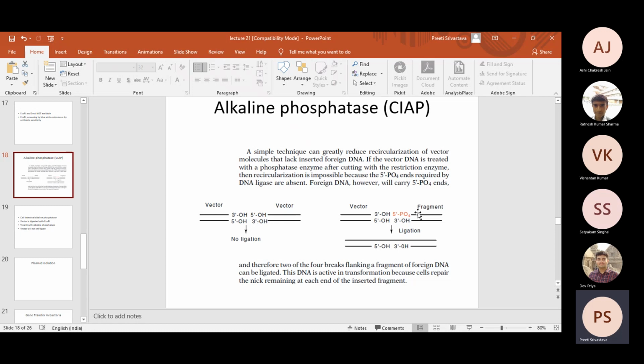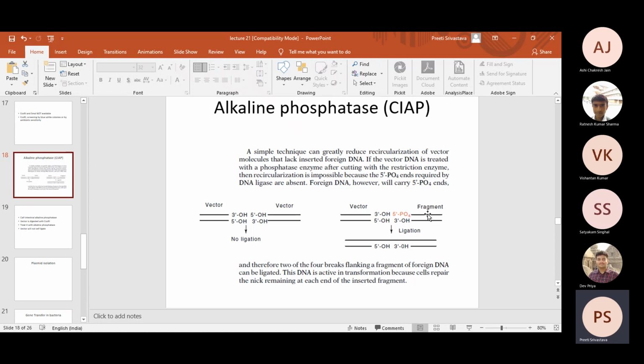Now what will happen is, in such a vector, when we now bring the insert which is digested with EcoRI, the insert will have the phosphate group at least in one of the ends. So what will happen is, at least one strand will get ligated, as you can see in the figure, because of the formation of phosphodiester bond, where the phosphate group is coming from the insert, which is either a restriction digested fragment of genomic DNA or a PCR product digested with restriction enzymes.